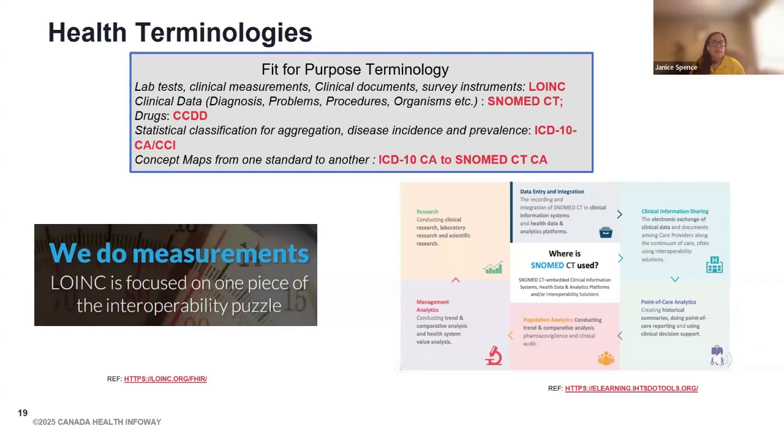For clinical data, well known for diagnoses, problems, procedures, organisms, etc., it's SNOMED CT. And for drugs, we also in Canada have CCDD, which is the clinical drug data set that's also managed by Infoway.